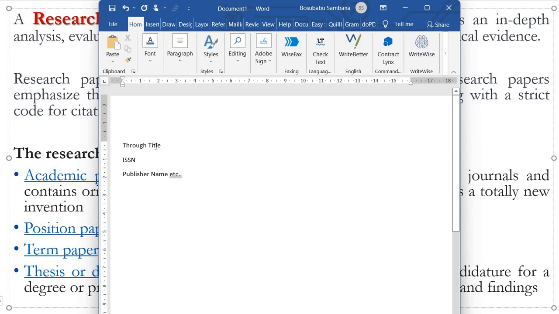Another one, every journal maintains various rankings also, like SCImago, and so many factors are there. I will discuss all of this indexing in the next video.